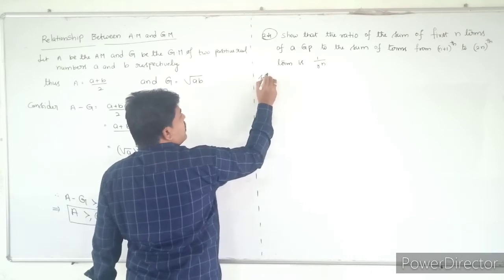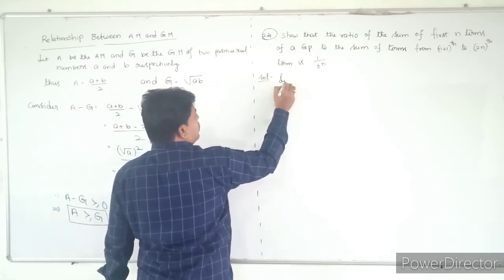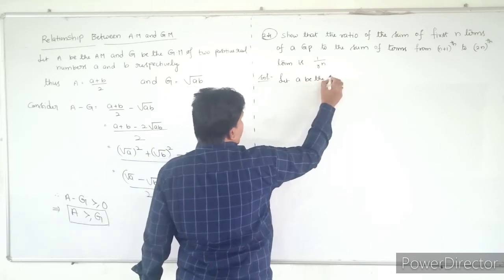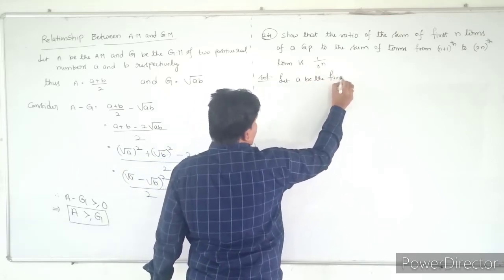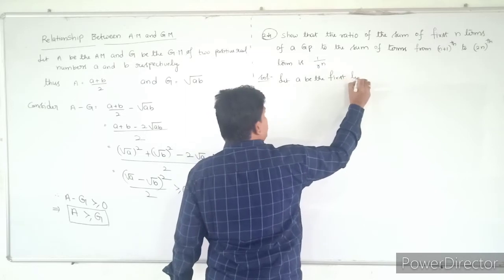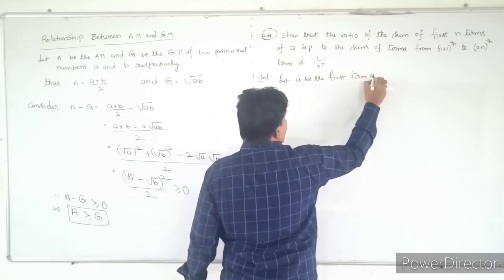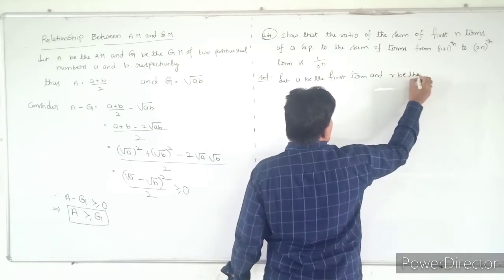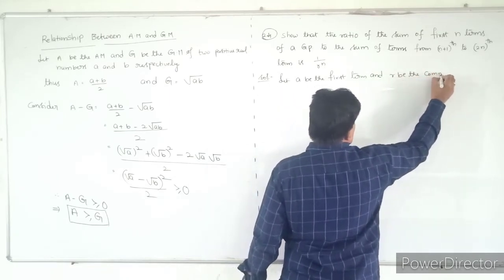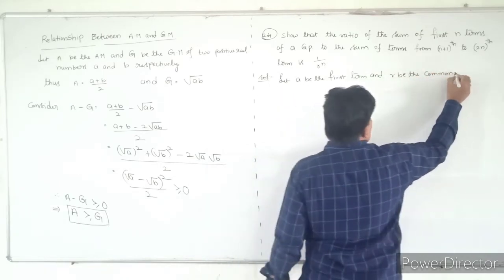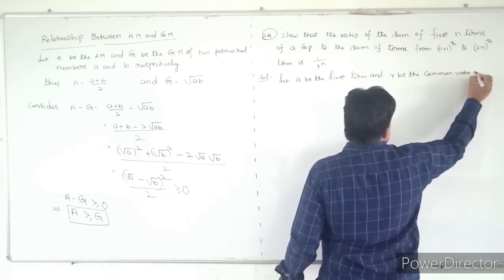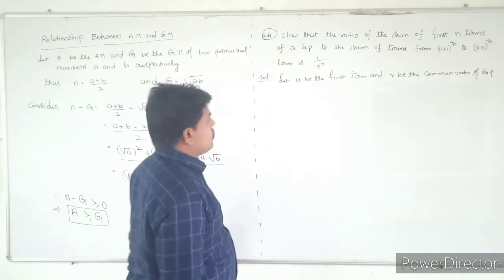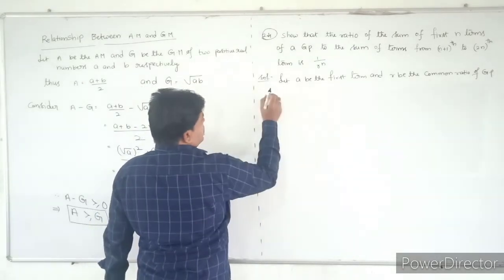See the solution here, what they are asking you. Let a be the first term and r be the common ratio of the geometric progression. So then what is the sum of n terms?